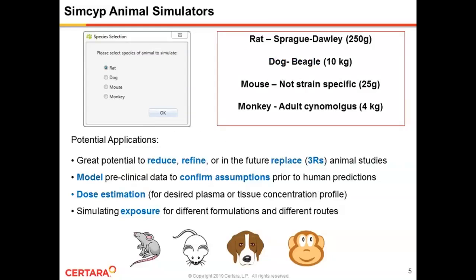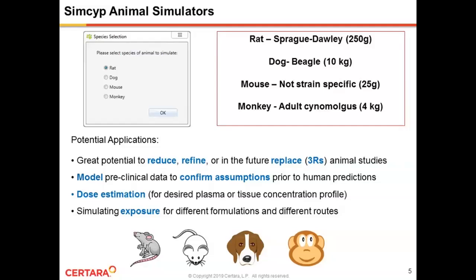Then we have the dog model, which is based on a 10-kilogram beagle dog. Then we have the mouse, which is a non-strain specific 25-gram mouse. And we have the monkey model, which is an adult cynomolgus 4-kilogram monkey model.